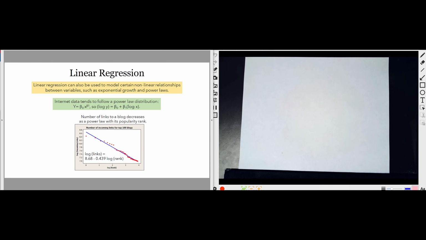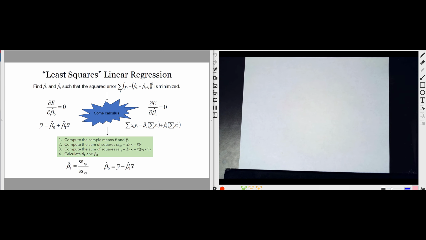We saw through the least squares mechanism that the least squares solution gives us the intercept: beta naught hat is the mean of the y's minus beta 1 times the mean of the x's. Beta 1, in turn, is the sum of squares of x times y divided by the sum of squares of x times x.